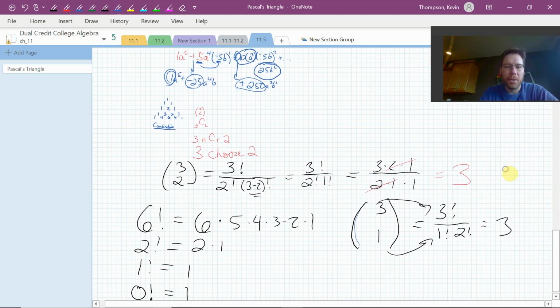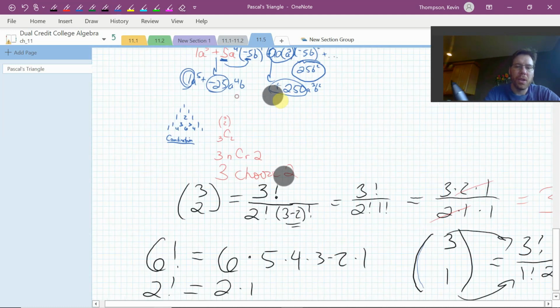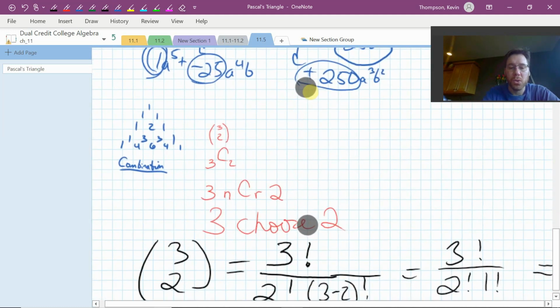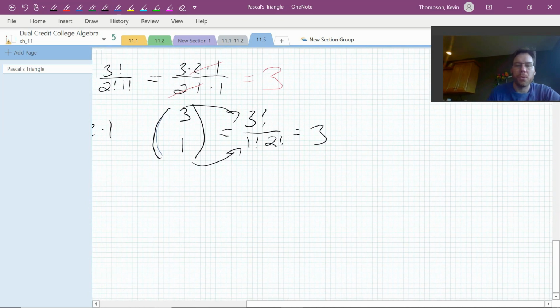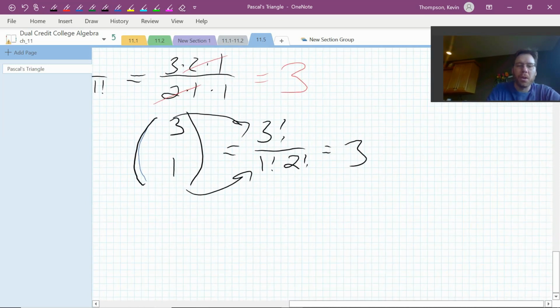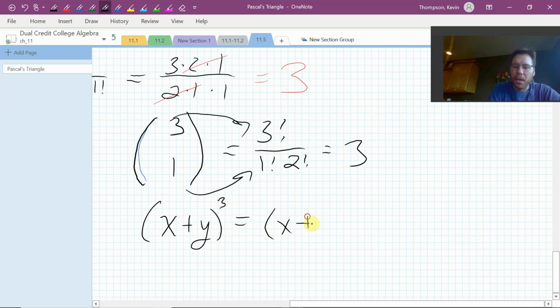Now, go back to what I said, that we're saying 3 choose 2. These two calculations are both producing the number 3. Well, this is exactly what I was saying a minute ago. If we say x plus y cubed, that's x plus y and x plus y and x plus y.